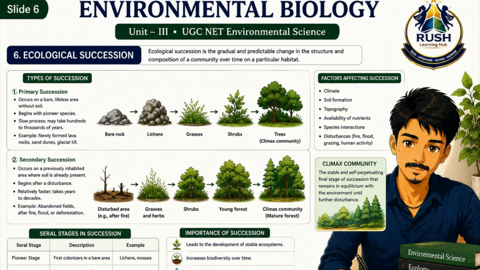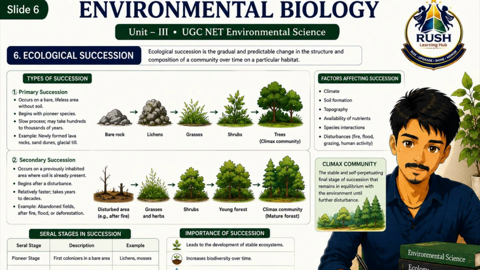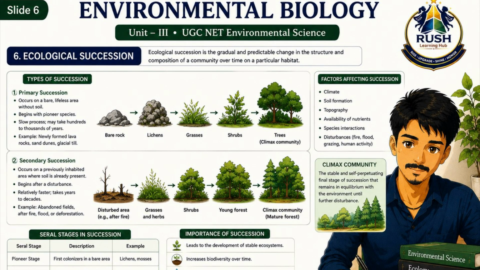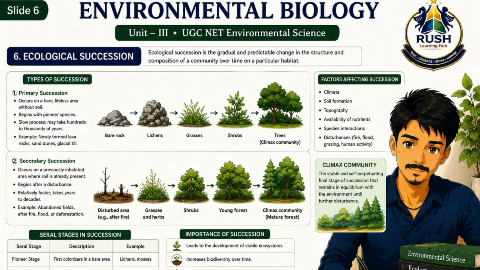Another important concept is that succession is directional and predictable, leading ecosystems towards greater complexity, biomass, and stability. Therefore, ecological succession can be regarded as nature's mechanism for transforming simple and disturbed habitats into stable and self-sustaining ecosystems. Understanding this process is fundamental to ecology because it explains how ecosystems develop, recover, and maintain long-term ecological balance.